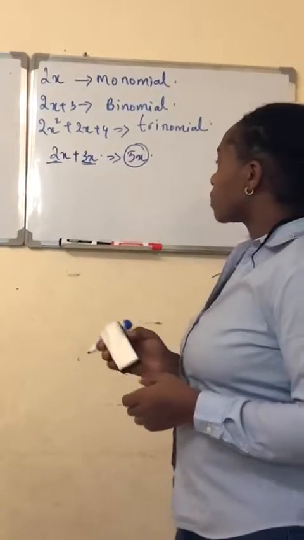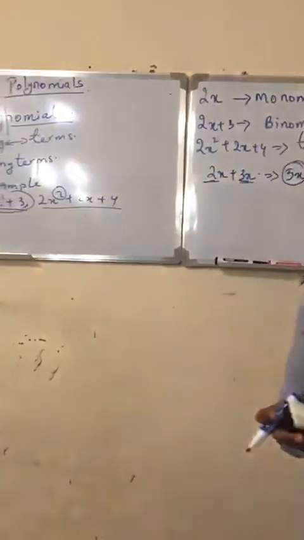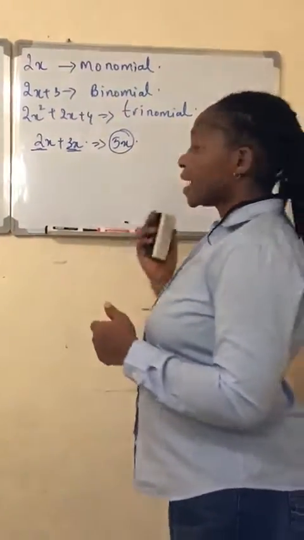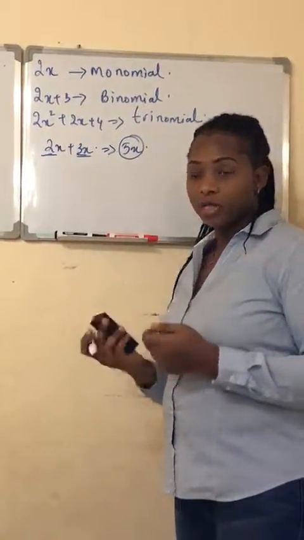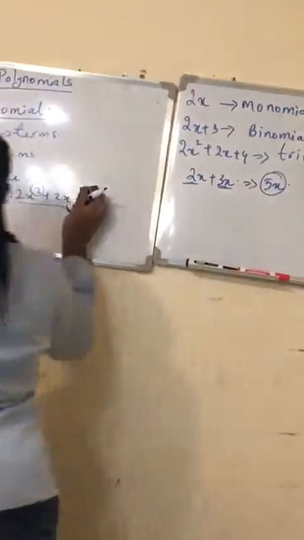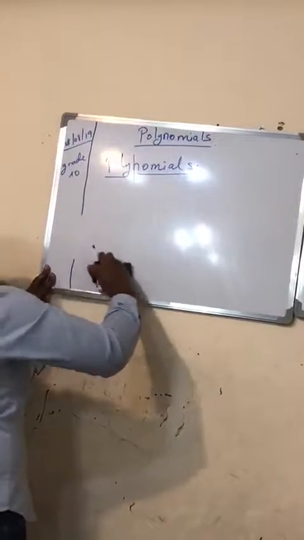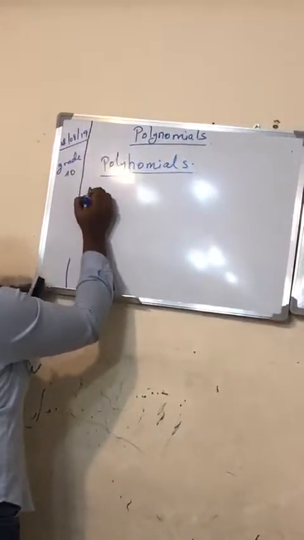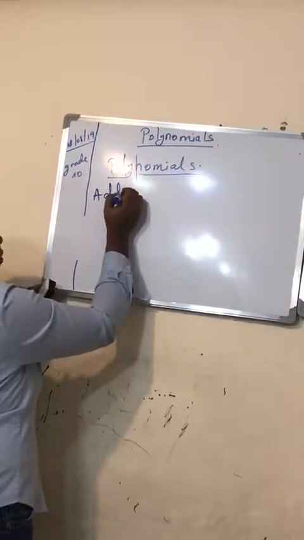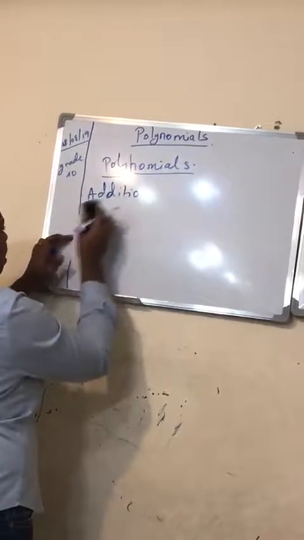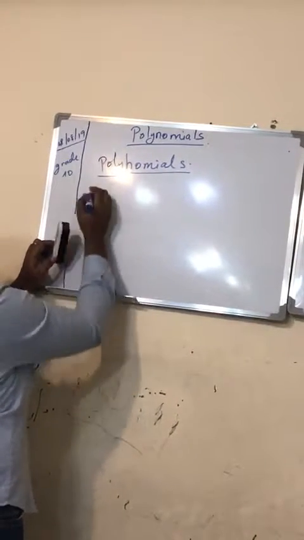Now, we are going to proceed by seeing some examples of how we can add and subtract polynomials. So we go by writing addition of polynomials.